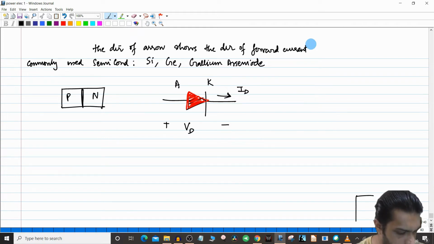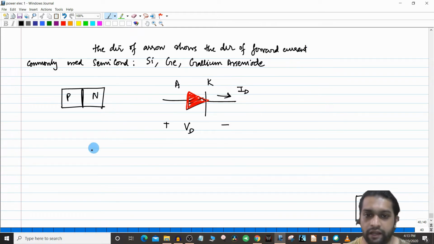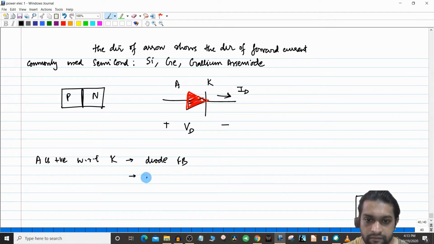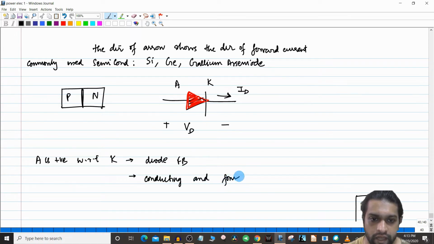It is simple: when the anode is positive with respect to the cathode, the diode is forward biased. What happens then? The diode starts conducting and forward current flows.